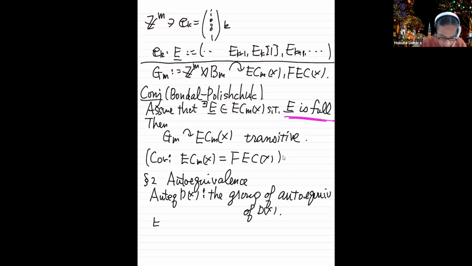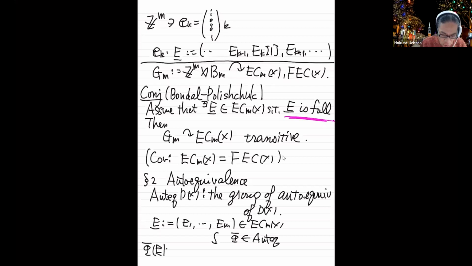And of course, if we have an exceptional collection and we have an autoequivalence, then we can get a new exceptional collection.